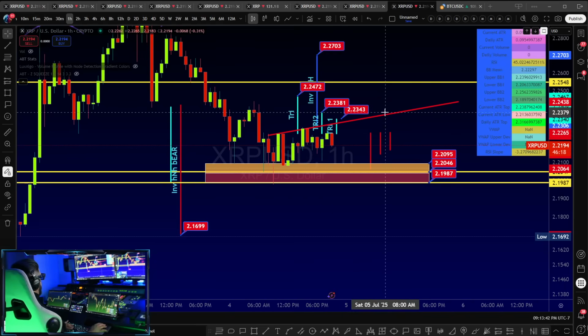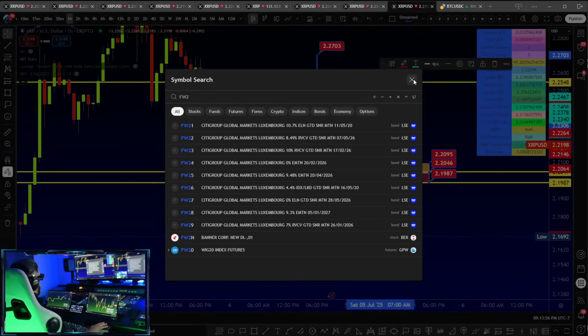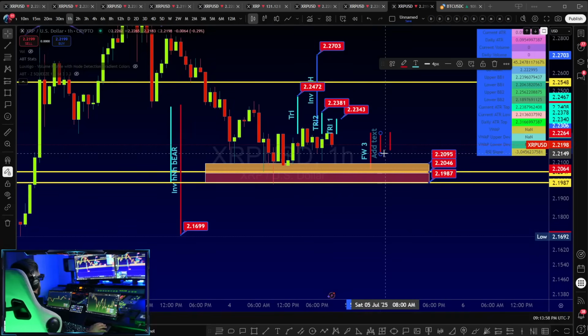Okay, so let's get rid of these and say this is the falling wedge. Let's go ahead and do the falling wedge 2, and this will be the falling wedge first target.